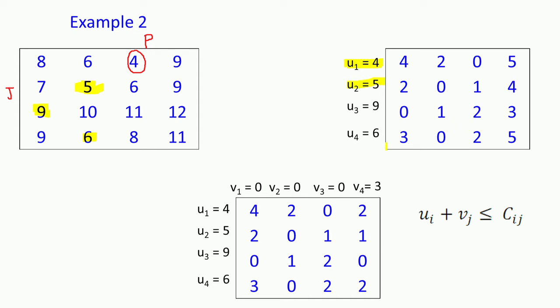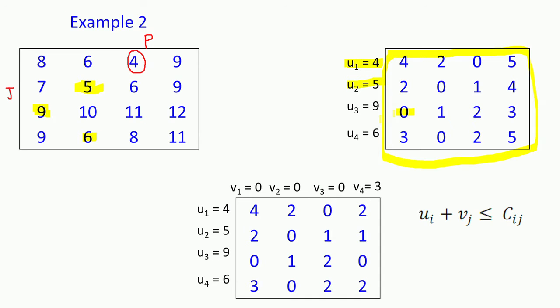Now, we reduced it to this matrix, and then we looked at the columns one by one and subtracted the column minimum. For the first column, the minimum happened to be 0, which is the same as writing v1 equal to 0 and retaining the same column. For the second column also the minimum is 0, which is the same as saying v2 equal to 0.